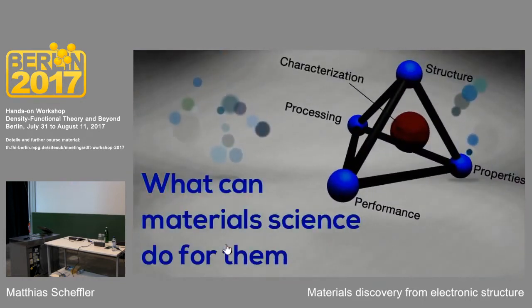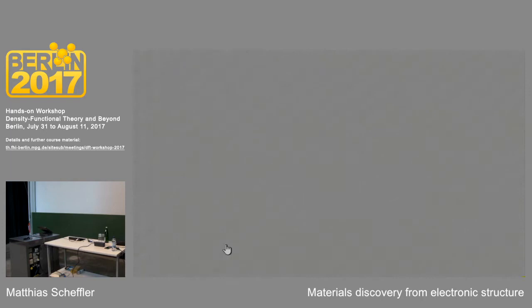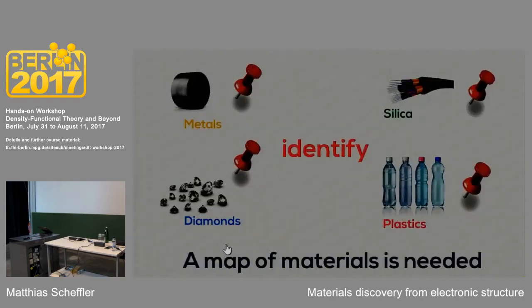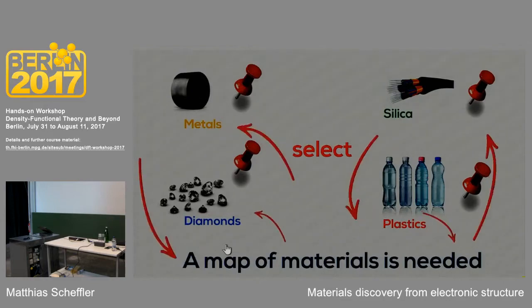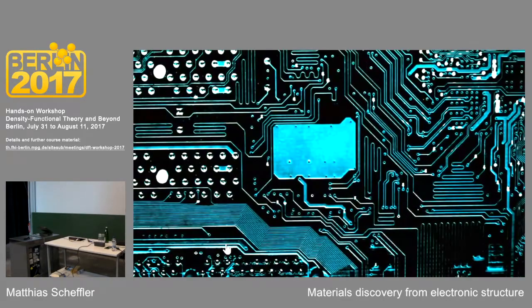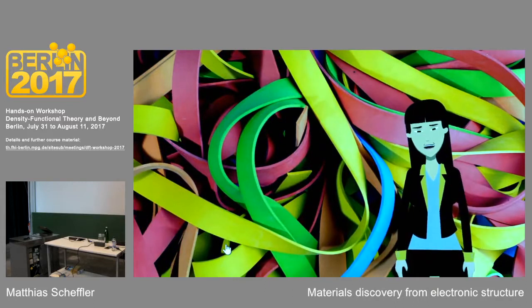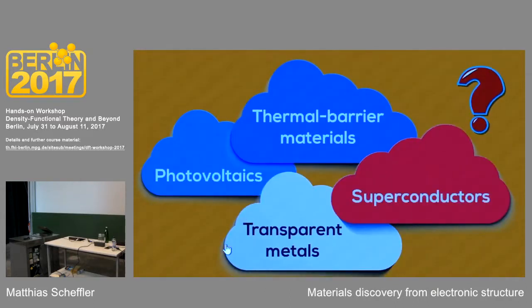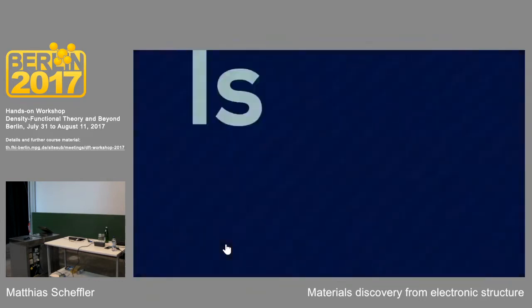So what can material science do for them? The ideal solution would be to provide them with a map of materials where they can identify and select what they need. Indeed, the amount of different possible materials is practically infinite. So what if all materials could be grouped according to their properties and functions? Is this already possible?